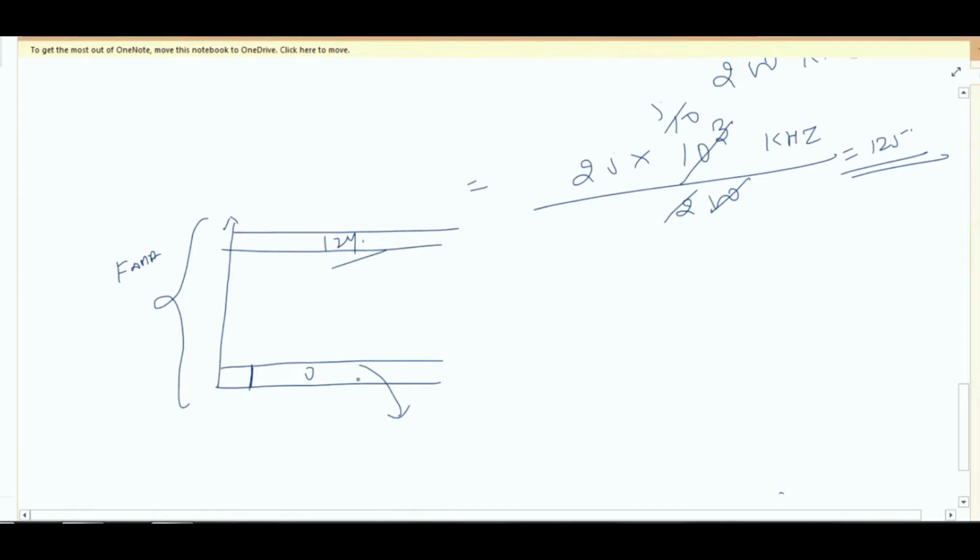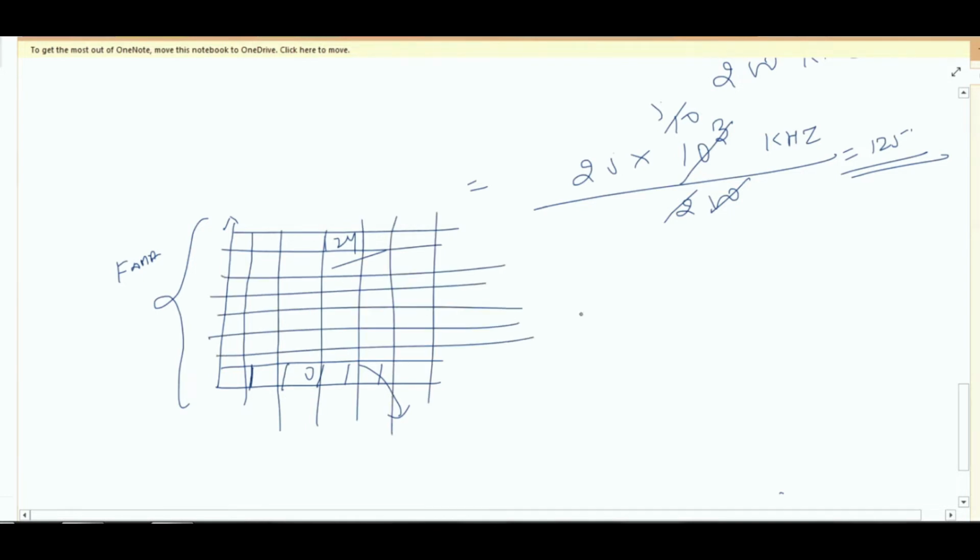Earlier in FDMA, one frequency channel was allocated to a single user, but now one frequency channel is divided into 8 time slots. So indirectly this diagram will be somehow like this. There will be multiple frequency channels, and instead of giving one frequency channel, we now give only one slot to the user.